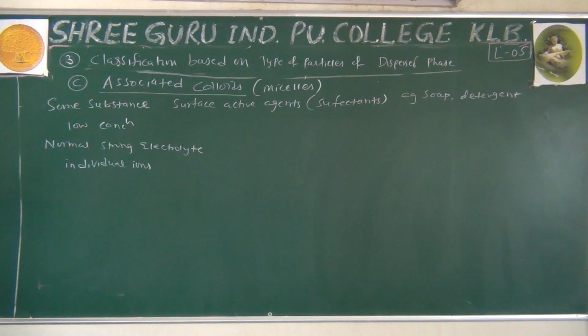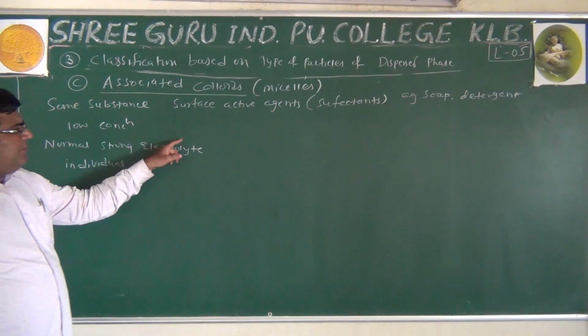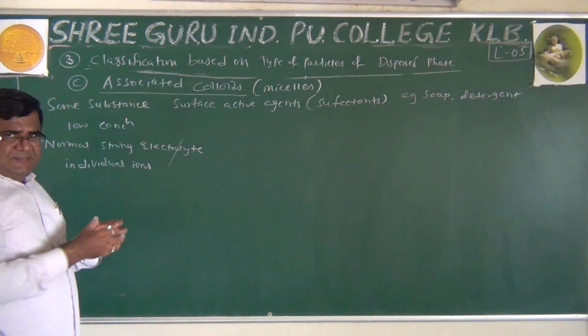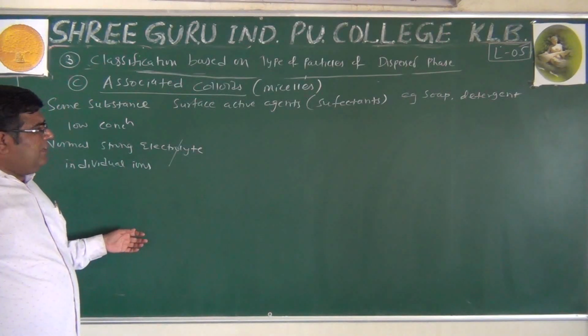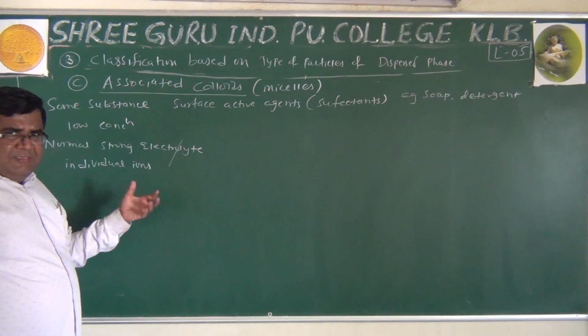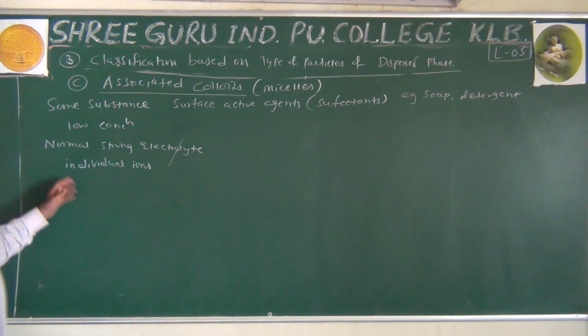An electrolyte is one which produces ions. You learned electrochemistry, right? It breaks after passing electricity, and they conduct the electric current. So individual ions are formed.